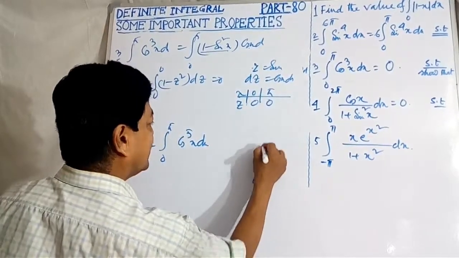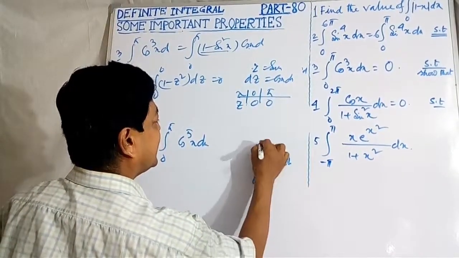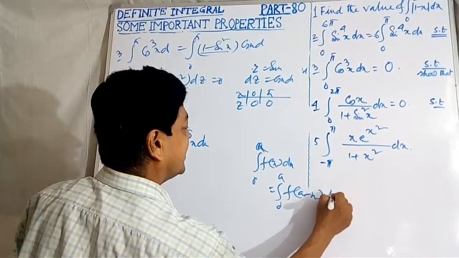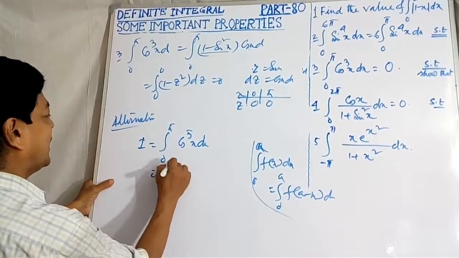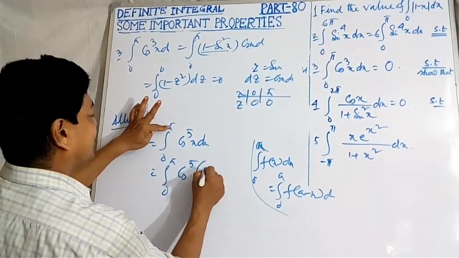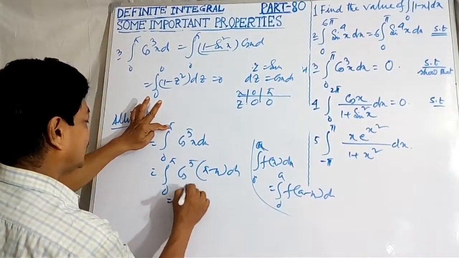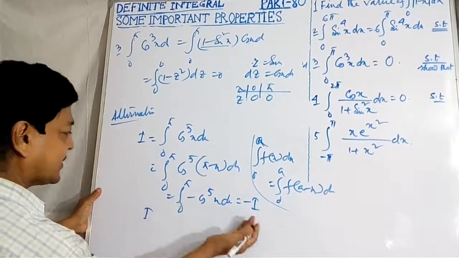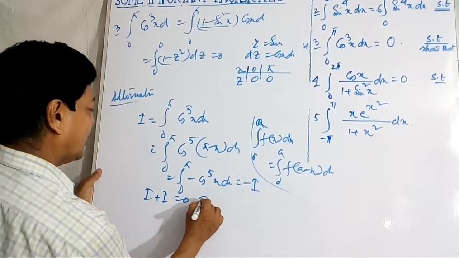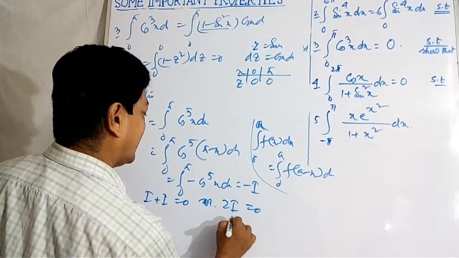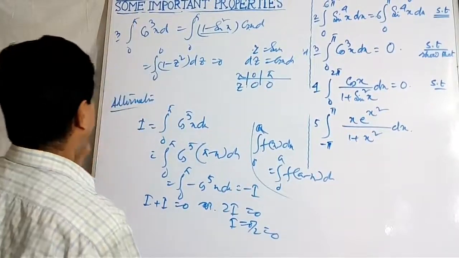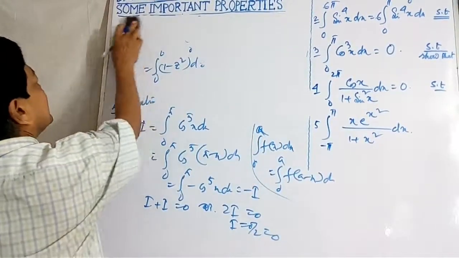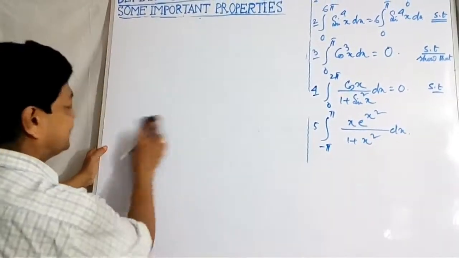Using the property that the integral from 0 to a of f(x) dx equals the integral from 0 to a of f(a minus x) dx, we can write the integral from 0 to pi of cosine cubed of (pi minus x) dx, and this is equal to the integral from 0 to pi of minus cosine cubed x dx, which equals minus I. Then by transposing, I plus I equals 0, or 2I equals 0, I equals 0 by 2 equals 0. So using properties and without using the property. Then 3 is complete.